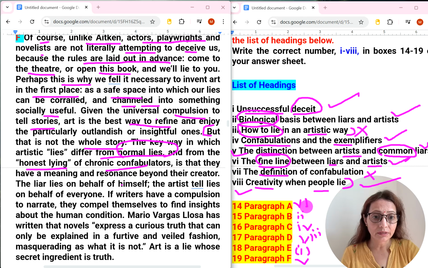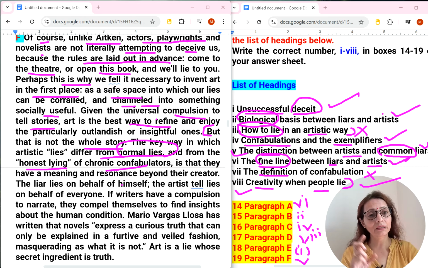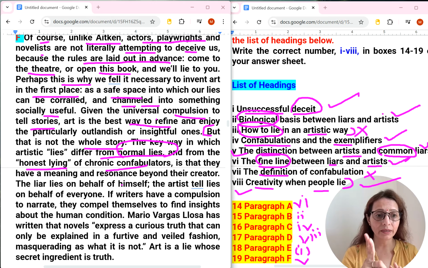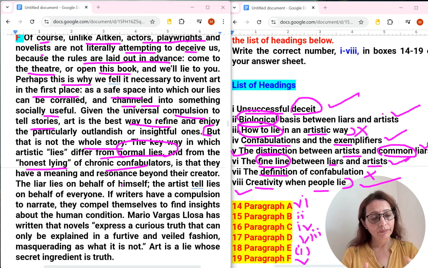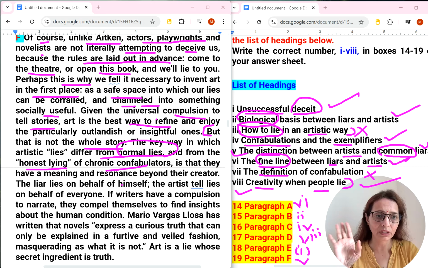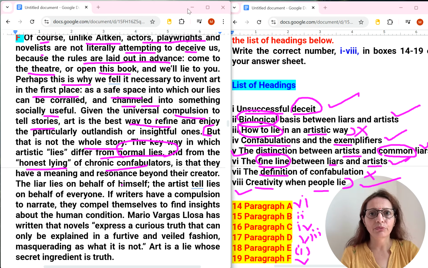So that is sixth number. Side by side, if two headings are matching with one paragraph, it means one will be a wrong heading. So side by side you can cut the heading that is not matching with anyone. That is the way you can do it, your list of headings.